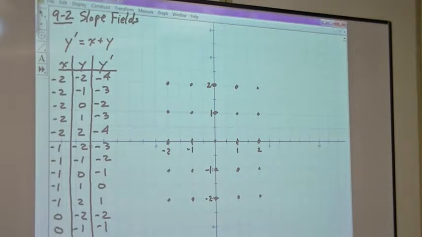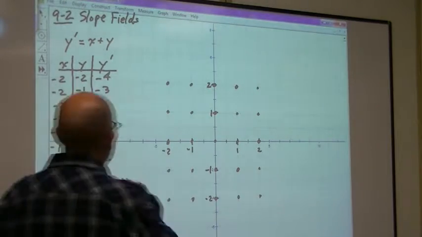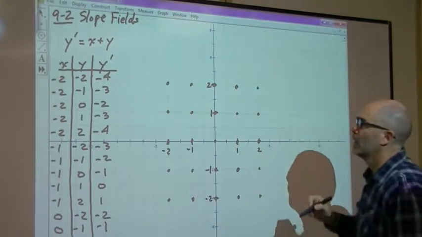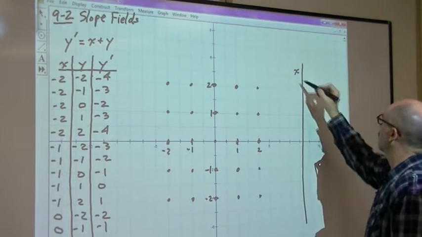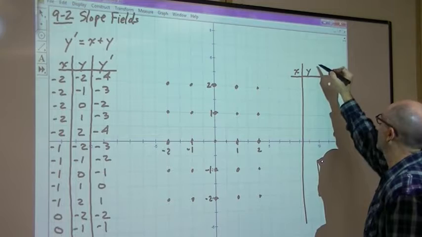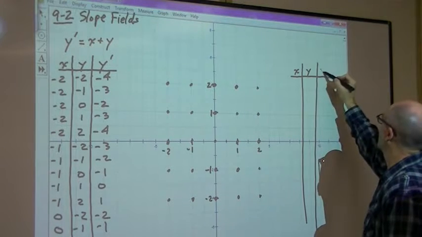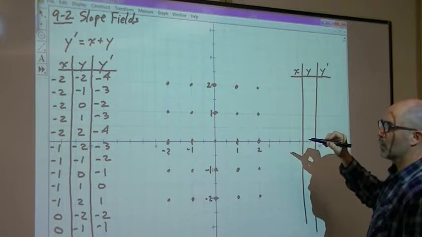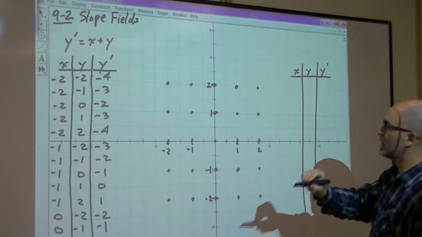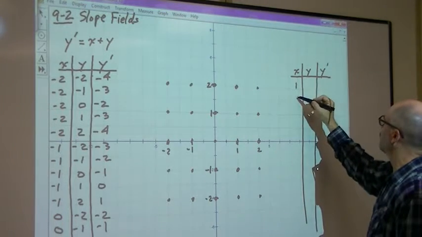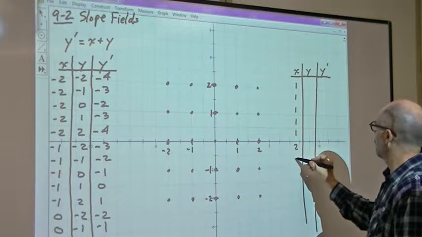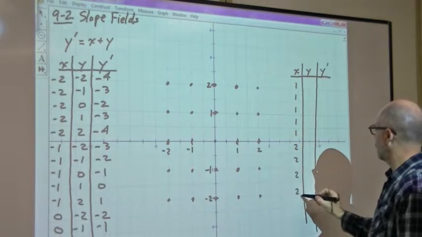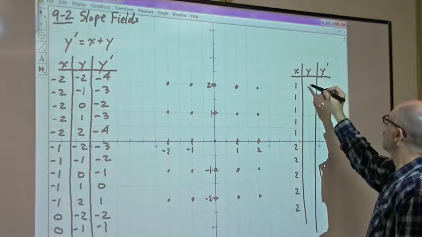All right, now let's go ahead and finish this table. So now we've got our -2s, our -1s, our 0s, so here's our 1s and our 2s.